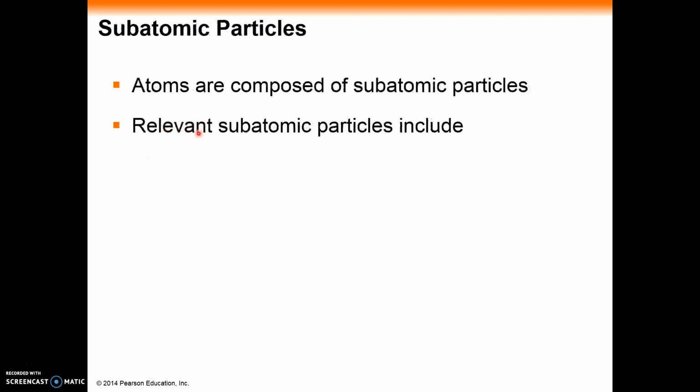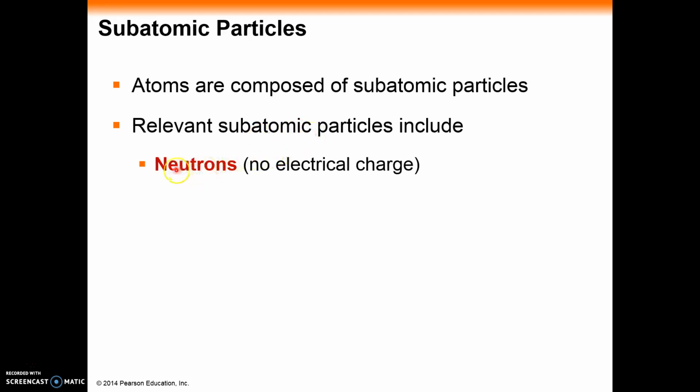Atoms are composed of subatomic particles. So atoms are in fact made up of smaller units. The thing is, though, those smaller units don't behave the same way as the actual atom of the element itself. So let's look at what some of those subatomic particles are.